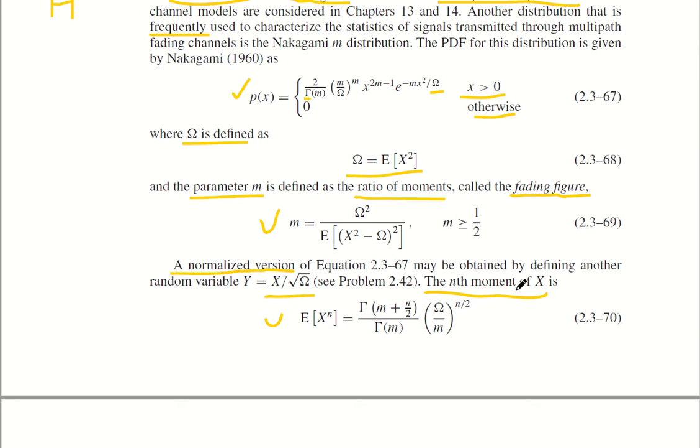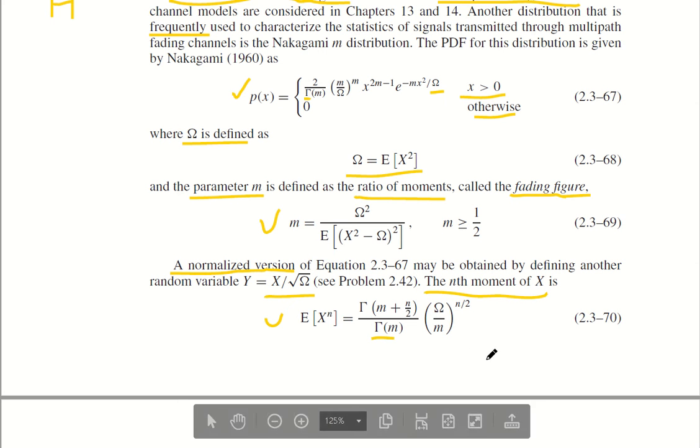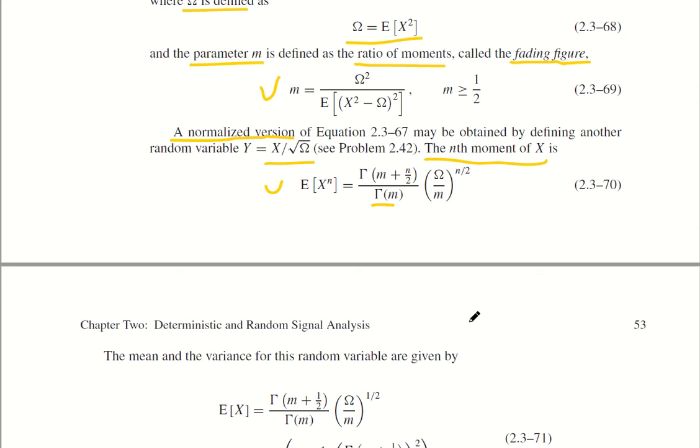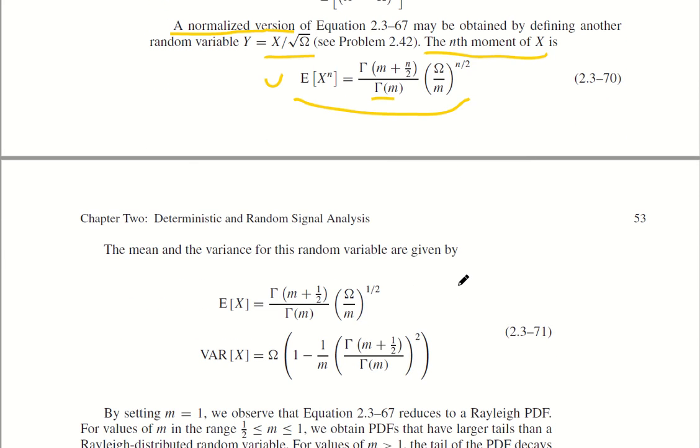The nth moment of the regular version is E of x to the n equal to gamma of (m plus n divided by 2) divided by gamma of m. As you can see, we use the gamma function a lot. And then omega divided by m to the n divided by 2. Okay, so this is just an expression.